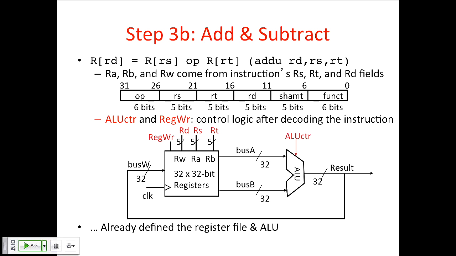The result comes out of the ALU and goes back to the register write port here. So at the start of one clock cycle, I'll read out the instruction, do the decode, set up the ALU, and it calculates the result, and gets everything set up so that on the next clock edge, I'll write the newly updated result to the register file. Then I'm ready to start with the next instruction on the next clock cycle.